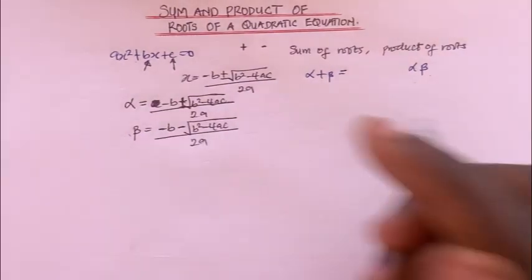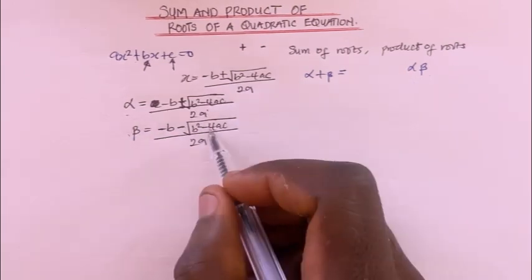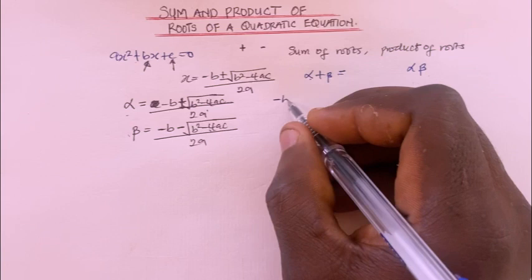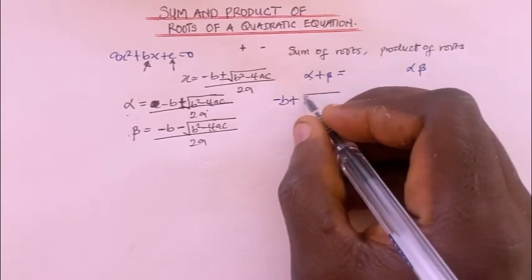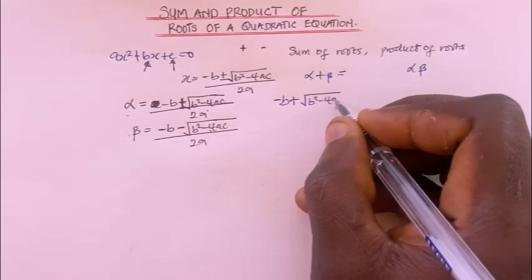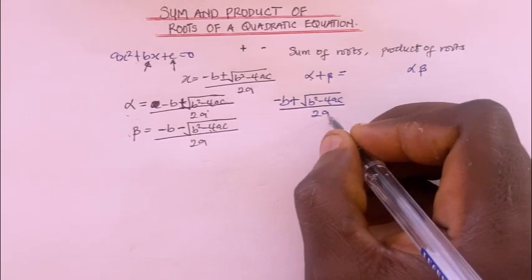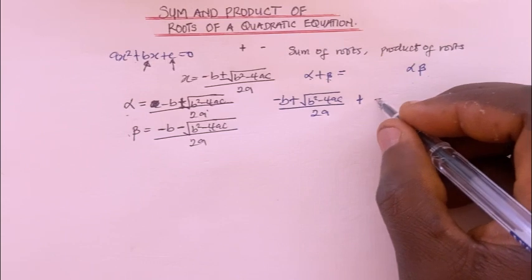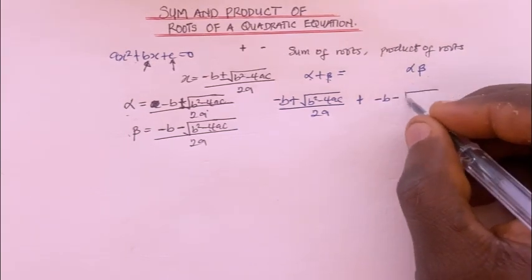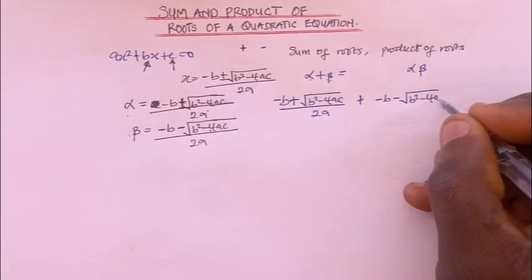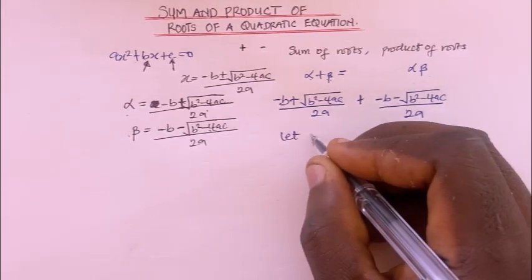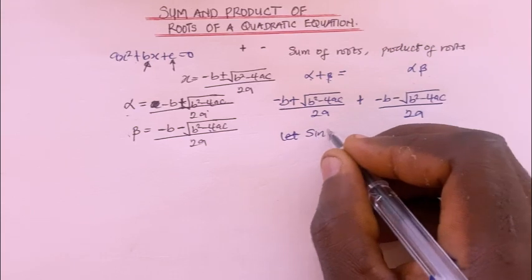Exactly. So if you look at this expression, this is my alpha and this is my beta. Alpha is minus b plus root of b squared minus 4ac, divided by 2a. Then plus beta, which is minus b minus root of b squared minus 4ac, all divided by 2a.